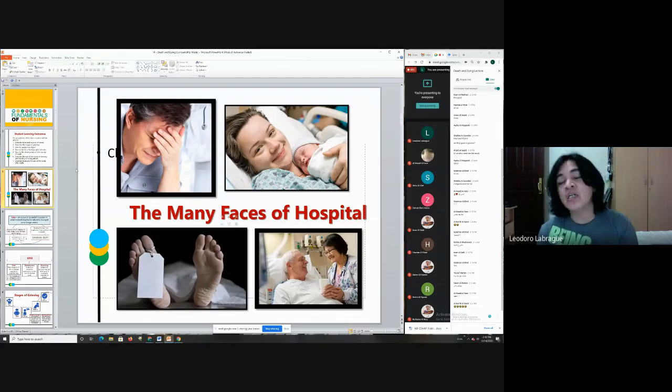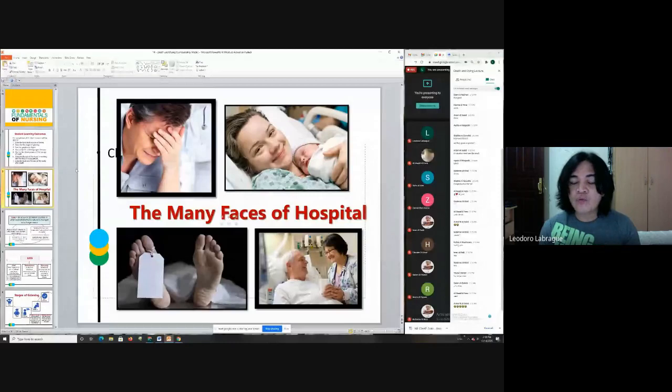And as a nurse, it is very important for you to be ready, to be prepared emotionally, psychologically, because the concept of death and dying, or witnessing someone dying, or someone's death, is emotionally bothering.